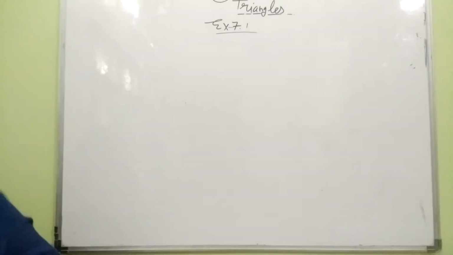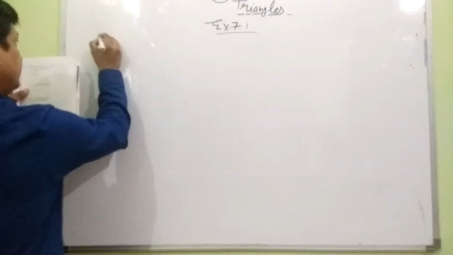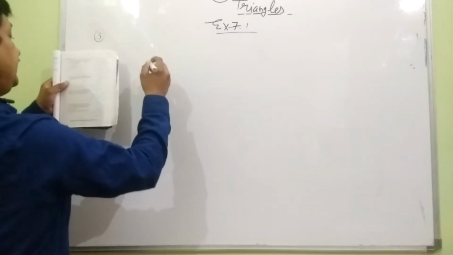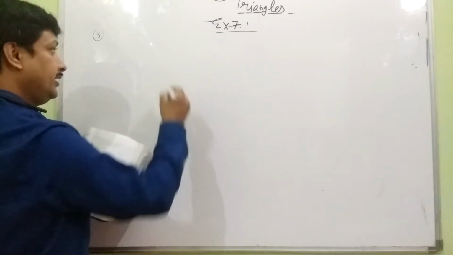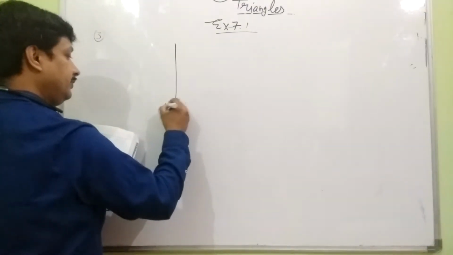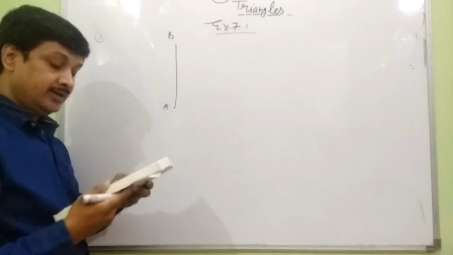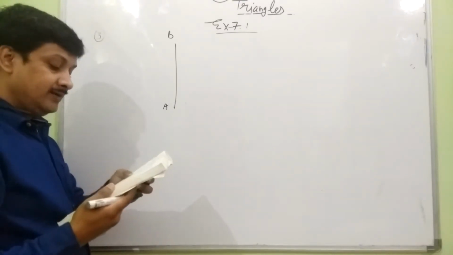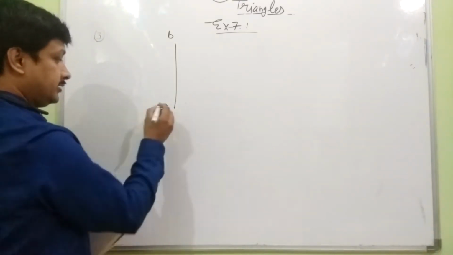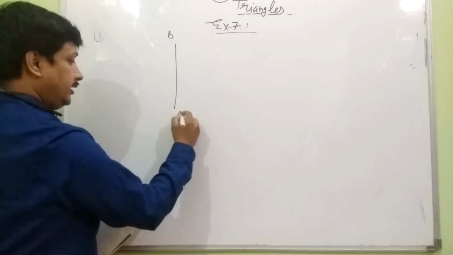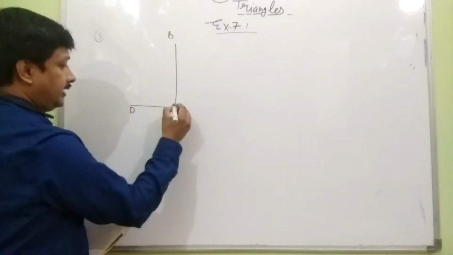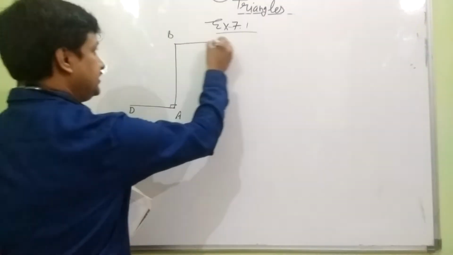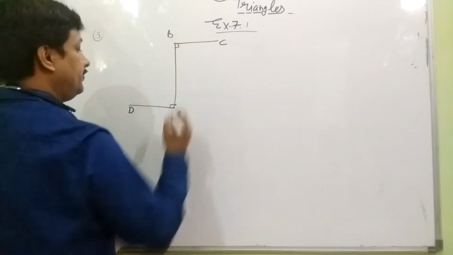So question number 3 is: AD and BC are equal perpendiculars to a line segment AB. We have a line segment AB, and AD and BC both are equal perpendiculars.